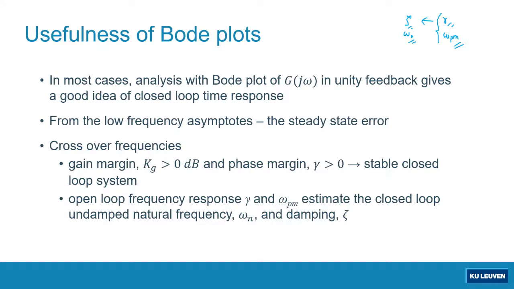From our open loop frequency response, phase margin and phase margin frequency will give us an idea of the two most critical parameters in our system: the undamped natural frequency omega n and the damping ratio zeta.